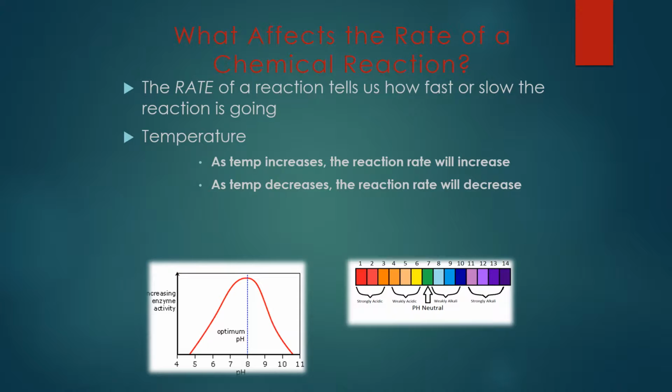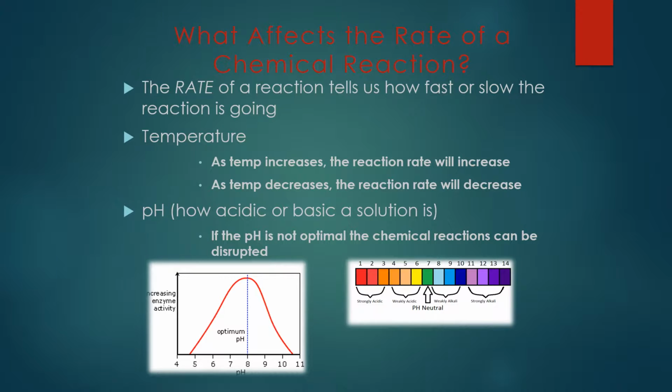As the temperature increases, the rate of reaction will increase, meaning that the top of the film canister came off quicker. As the temperature decreases, the rate of the reaction decreases. So the one with cold water had the slowest time to pop the top off. So temperature will speed up a reaction. That's the whole point of cooking. When you increase the temperature, the reaction is going to happen faster.